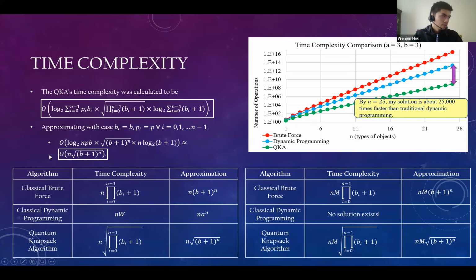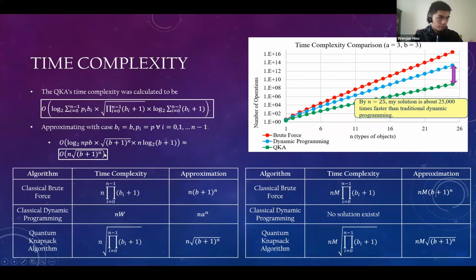Then if you want to, we can use the case where we assume all the b's are the same, which is the bounds, like how many of each item there are, and we assume that those are the same and all the profits are the same. So we just give an approximation here, and this gives O of n square root of b plus 1 n, right?